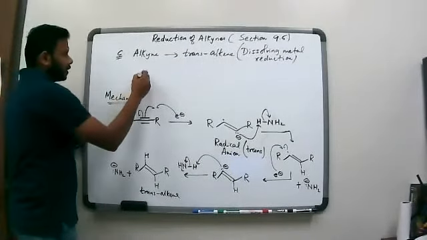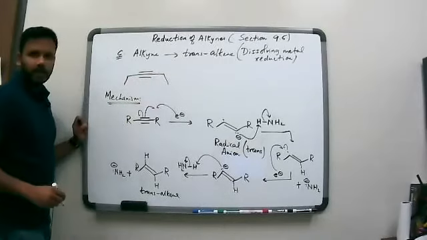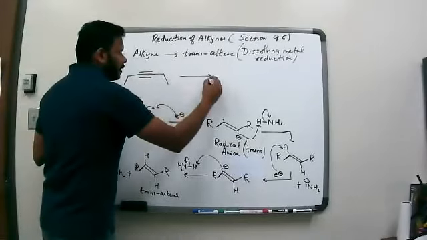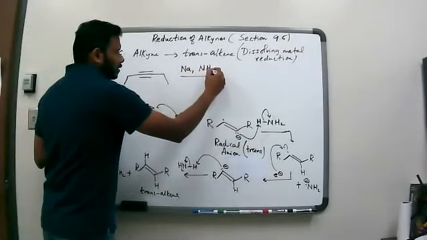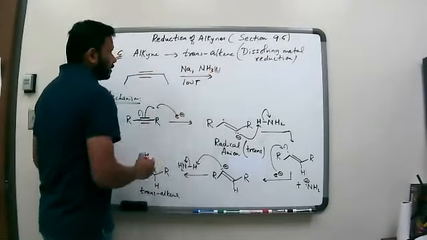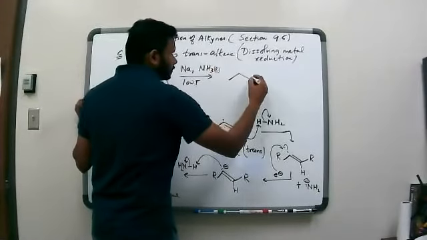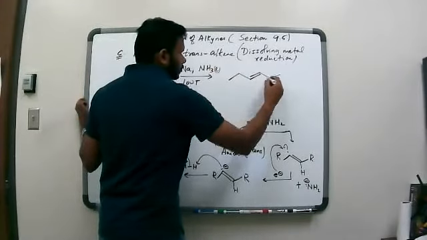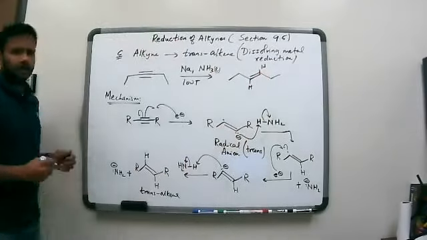So now if we think about it, if we have that same alkyne that we had earlier, and if we do this reaction with sodium and liquid ammonia at low temperatures, we will get the trans-alkene now.